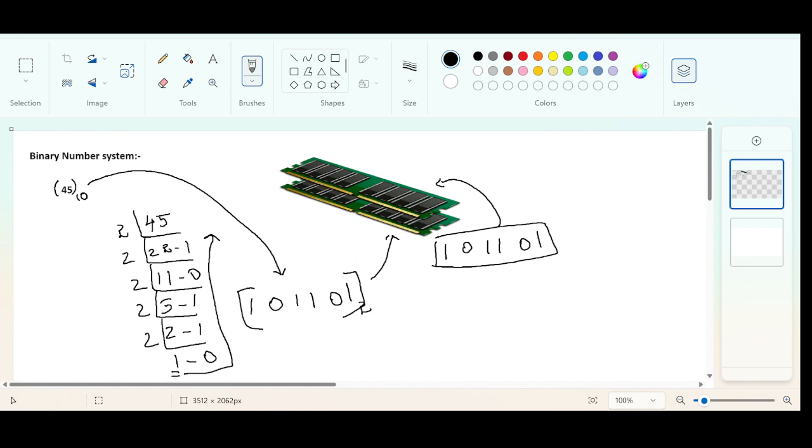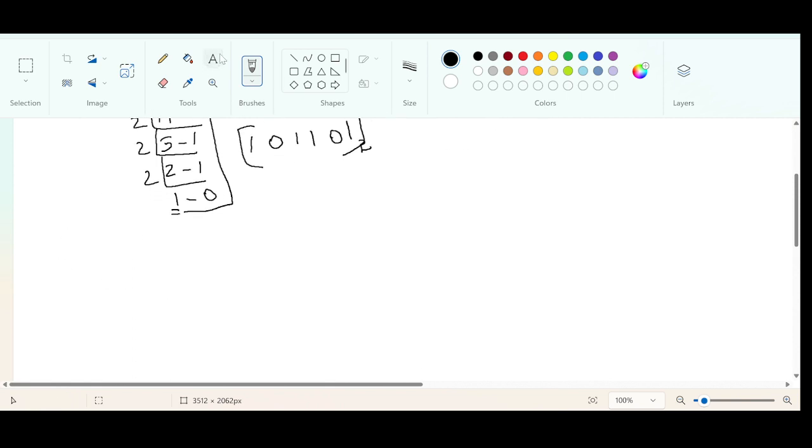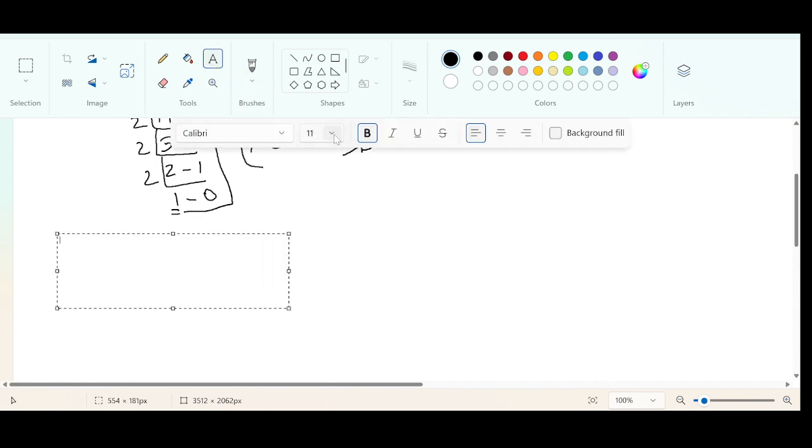Likewise, if I want to perform any manipulations, for example an addition operation between two numbers, 10 plus 15, using a computer.